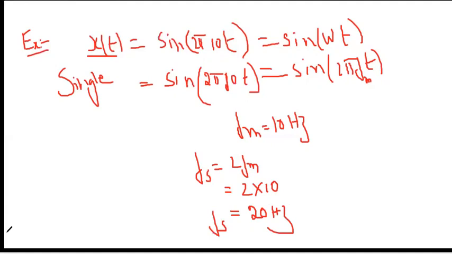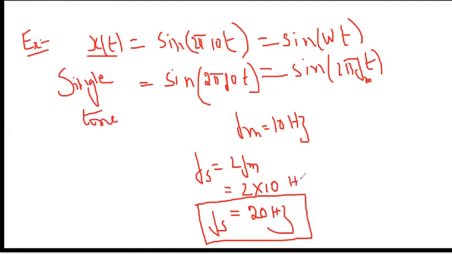The fm is 10 hertz. So Fs is equal to 2 fm, the formula, 2 into 10 hertz, and you get Fs equal to 20 hertz.